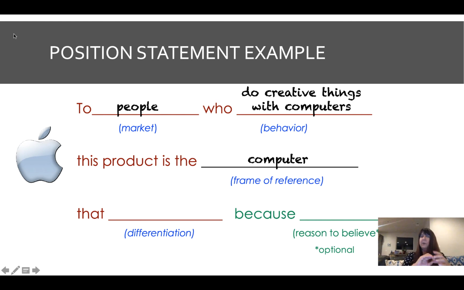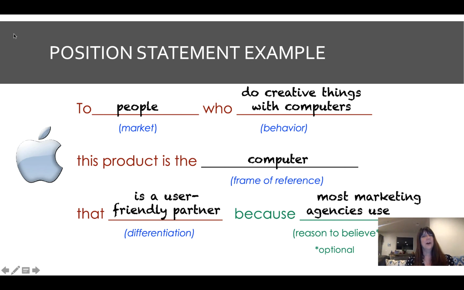So in this case, the product is the computer, the thing you do your work on. That is user-friendly. So a lot of creative people prefer the Mac because they think the software is easier to use, the operating system, as opposed to some other type of desktop or whatever. So they choose the Mac because it's user-friendly.